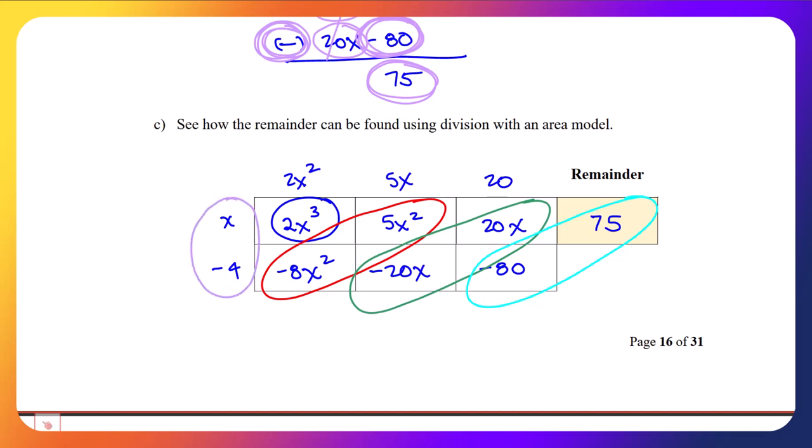In this case, subtraction, the sign shows up. Don't get them confused. This is what we're going to come up with for our quotient. So remember, we want to make the 2x cubed, so this becomes 2x squared.